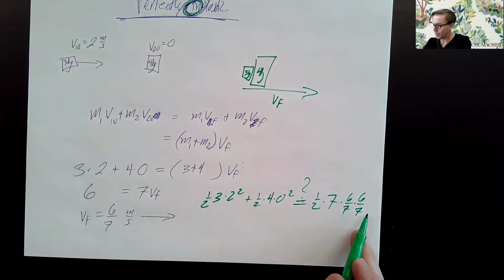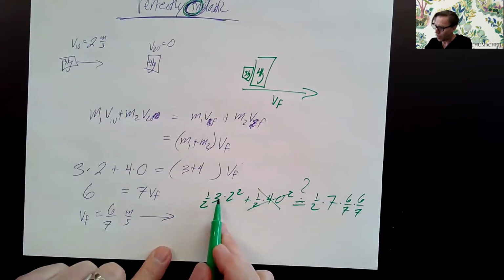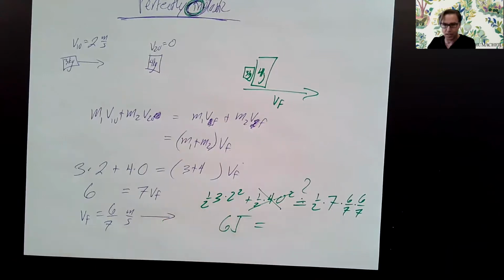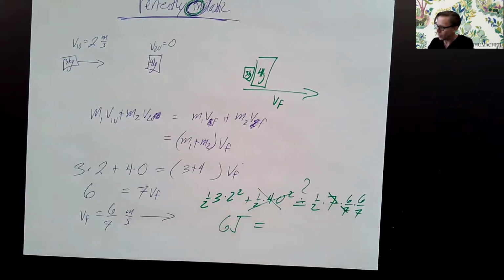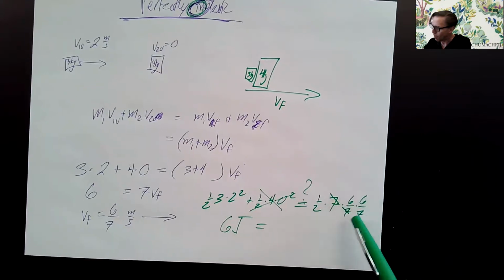Let's see. This is 0. 2 squared is 4 times 3 is 12. 12 over 2 is 6. I've got 6 joules of kinetic energy at the beginning. And this 7 and this 7 cancel. So I've got 6 times 6 is 36 over 14.